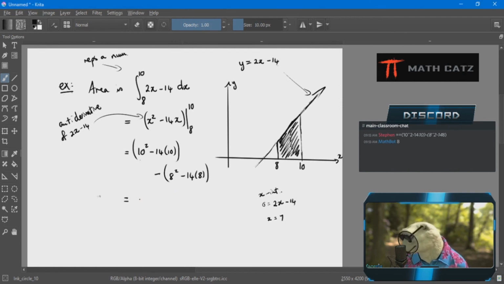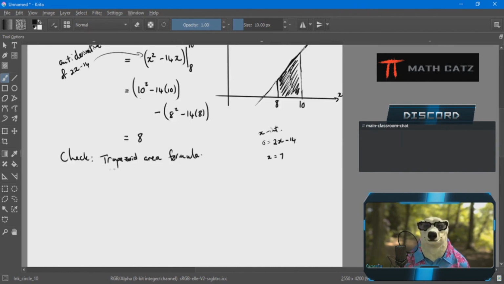And we get a nice and convenient 8. And I can, of course, calculate that by the area of the trapezoid as well. Check with the trapezoid area formula that you get the right answer.